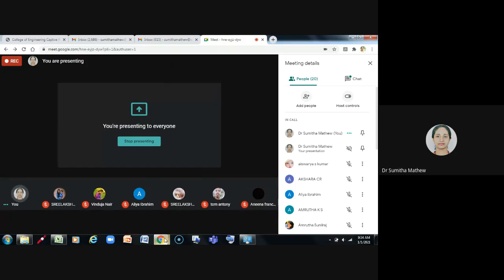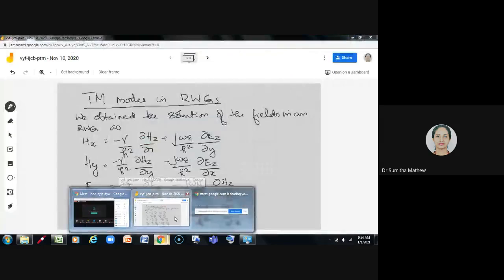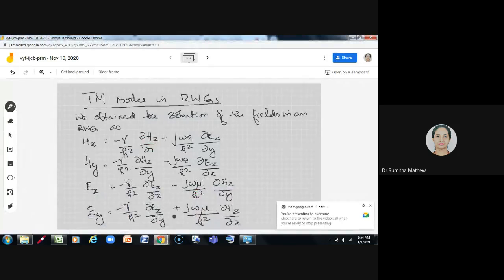Okay, so today's class, after we have derived the field equations for parallel plate waveguides, we'll now move on to deriving the field equations in rectangular waveguides. In the last section for parallel plate waveguides, we have seen that we can divide the solution of field equations into two groups, and we name them as modes.